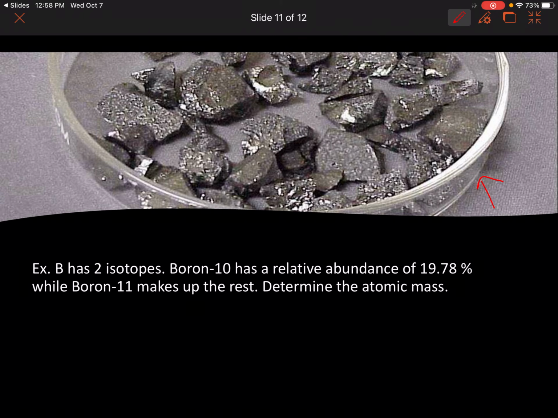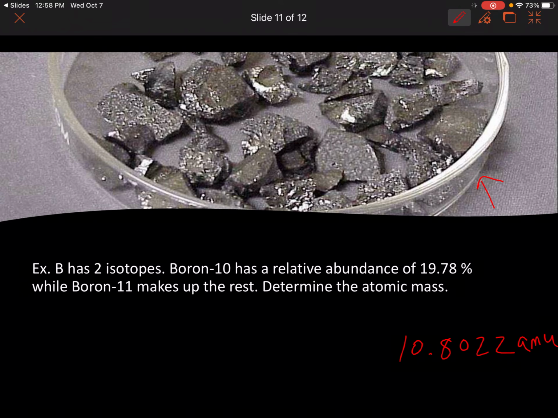So in order for you to solve this, you're going to have to figure out what boron 11's percentage is first, and then you're going to find your average using those percentages. And your answer is going to end up being 10.8022 atomic mass units.